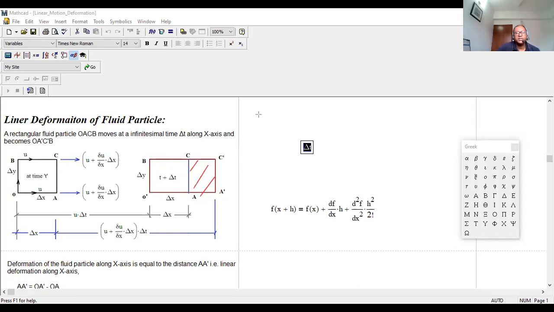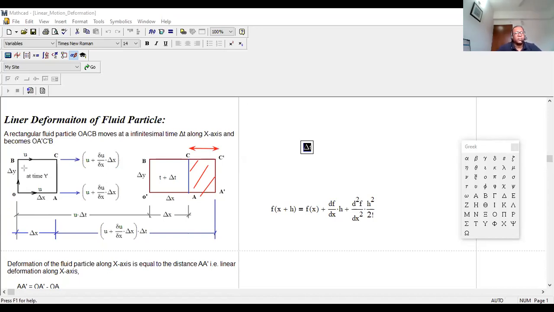If I know this length, C to C', then we can figure out how much length increases in the x-axis. Similarly, we figure it out along the y-axis and the z-axis. Then you will know how much the total volume is increasing.